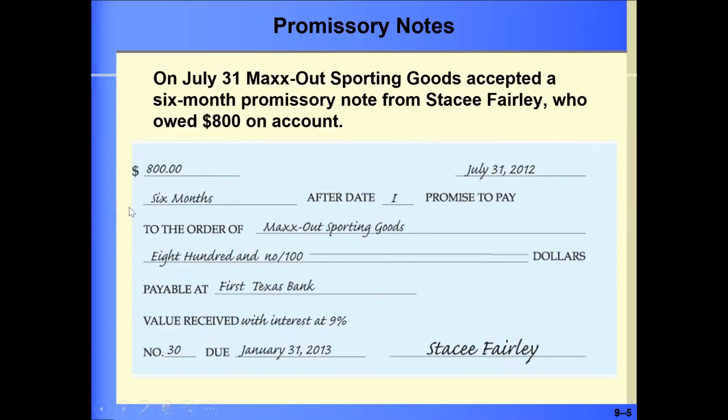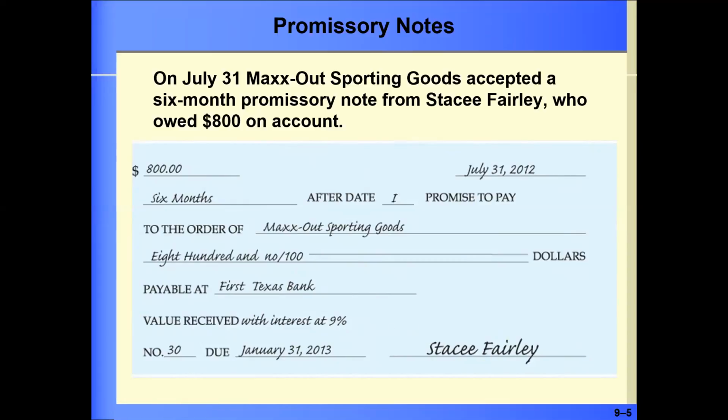So here the promissory note is dated July 31st for the amount of $800 in 6 months. After the date, 6 months, I promise to pay Max Out Sporting Goods $800 payable at the First Texas Bank, and there's interest on here at 9%. And she signs it, so it's a legal document.